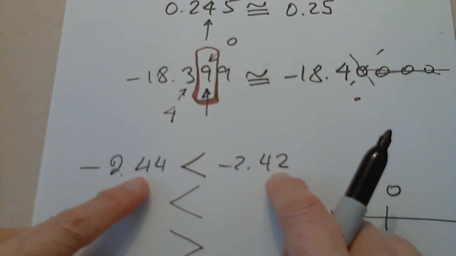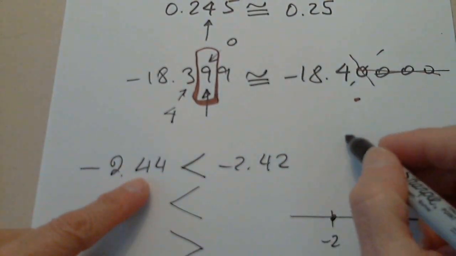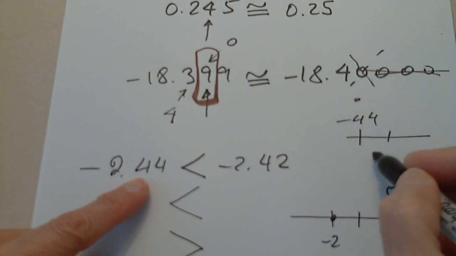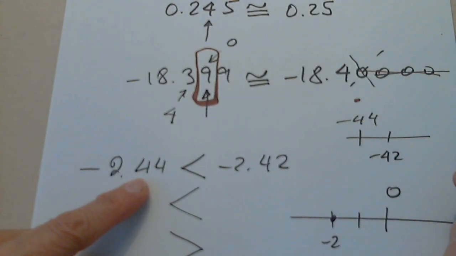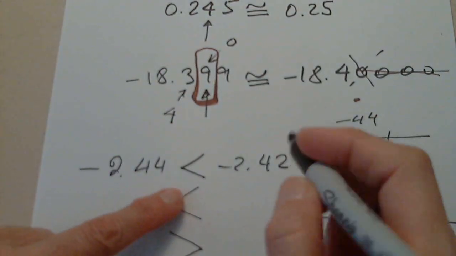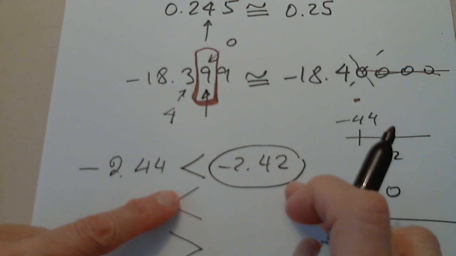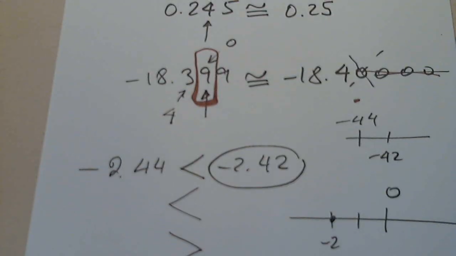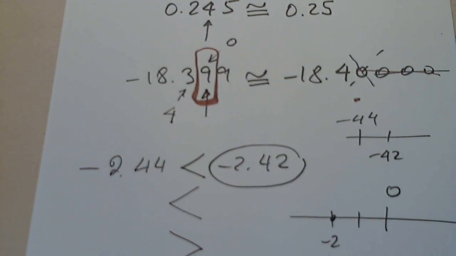You only need to compare the negative side of negative 44 and negative 42. Because negative 44 is to the left of negative 42, it is the smaller number, so negative 42 is larger. Is this okay?